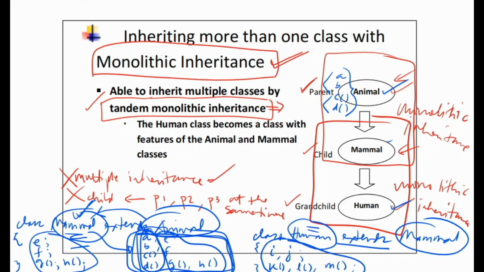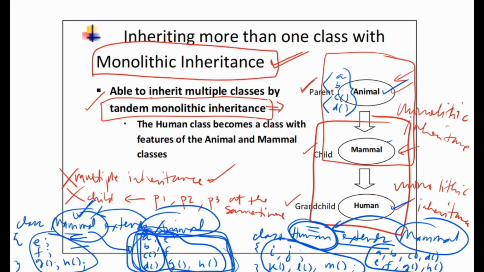So all in all, human has how many features? Human inherits from mammal all of this. So it has A, B, methods C, D, fields E, F, methods G, H.